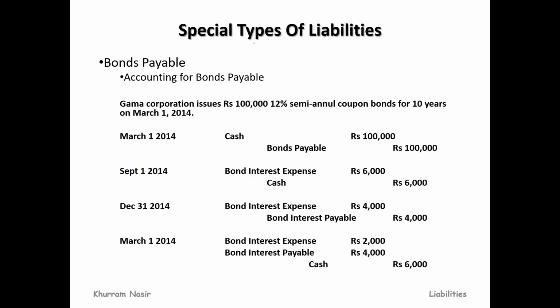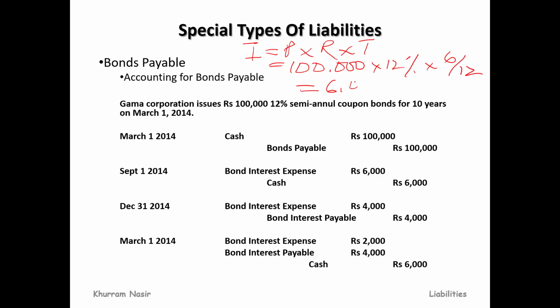We all know that interest is equal to principal times rate times time. Here the principal is 1 lakh, the interest rate is 12%, and 6 by 12, which gives us an amount of 6,000. So 6,000 interest expense debit, cash credit.